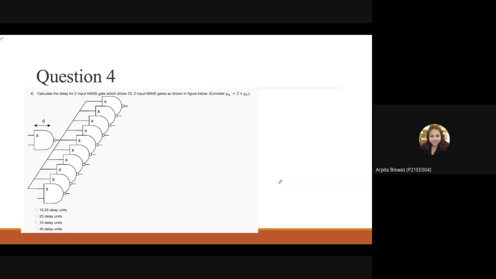So this is question number 4. Calculate the delay for a two input NAND gate which drives 10, as shown in the figure below, and consider mu n equal to twice of mu p. This means when you are calculating the logic effort G, whether it is for the NAND gate or NOR gate, whatever is given, it is relative to the inverter.